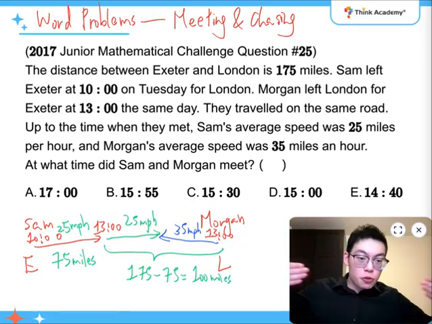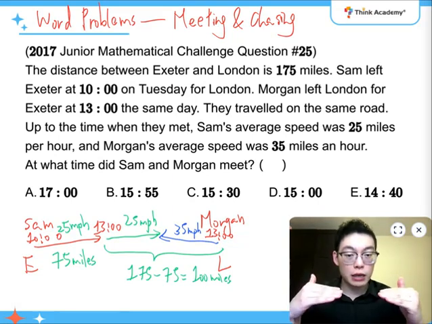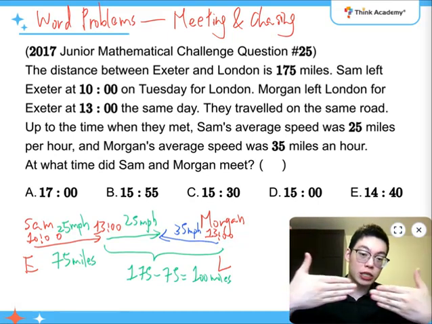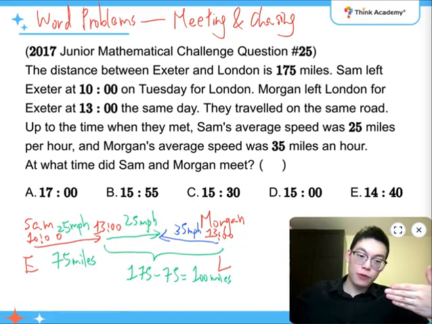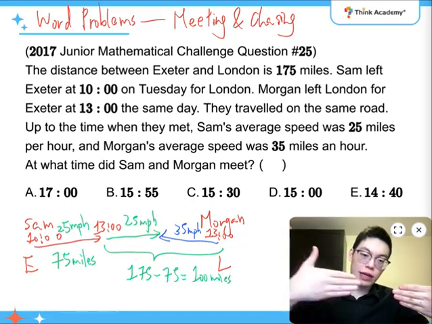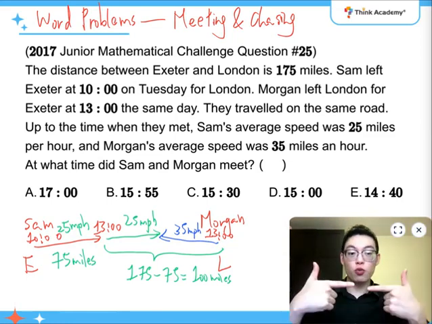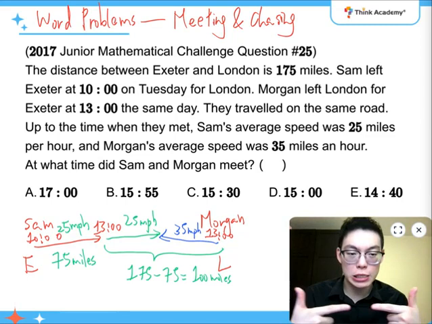And because the two people are traveling towards each other, it would be pretty much the combined speed we are looking at, right? Because both of them are trying to approach each other. So if one of them is not moving, then the other is traveling at 25 miles per hour. But if both of them are traveling towards each other, we should add their speeds up as the total, right?